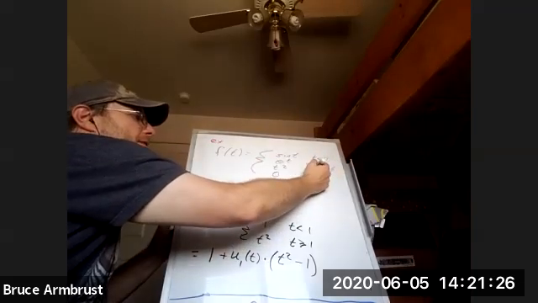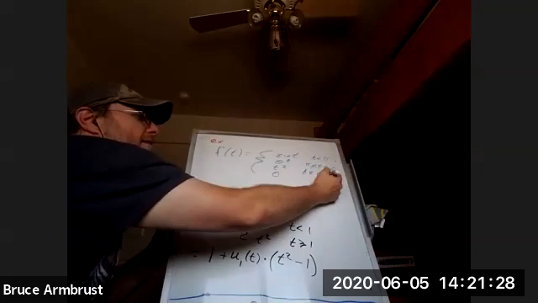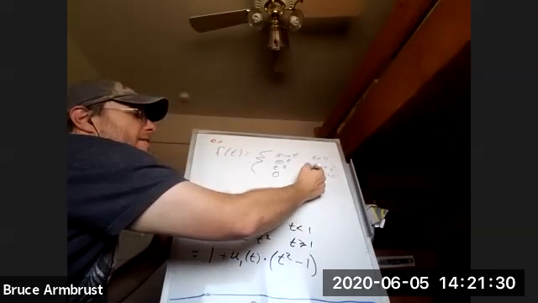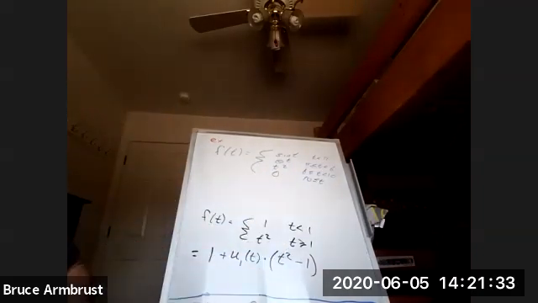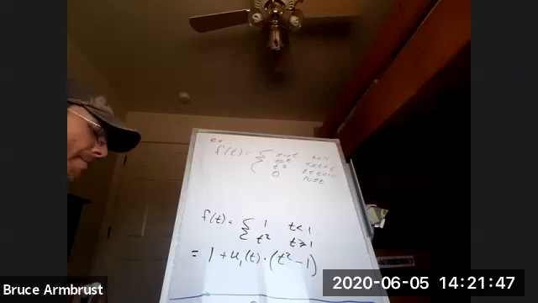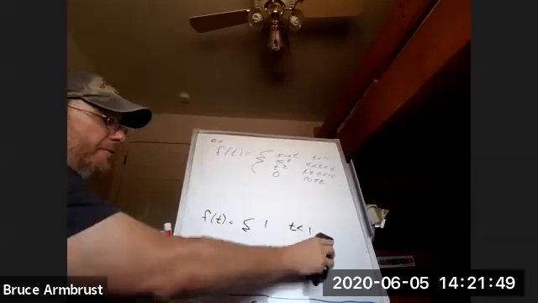This will be for t's from 6 to 10. And then nothing from 10 on. All right, so let's see if we can build unit step functions that will do this for us.